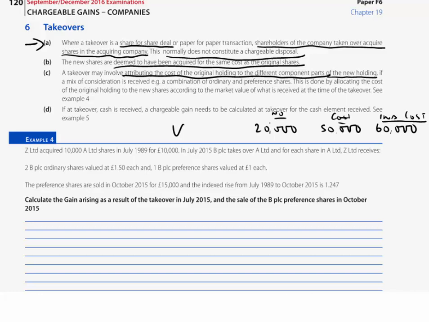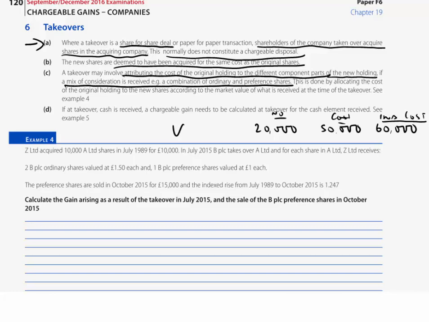But of course what might happen, as we've now said, is that we may have a takeover that involves a mix of consideration. Now, to begin with, the first type of mix that we'll see is just different bits of paper. Now, the classic mix there, a mix of consideration, a combination of ordinary and preference shares.